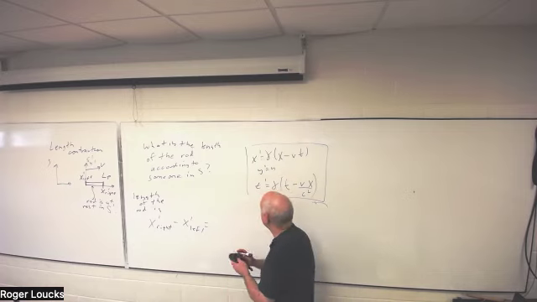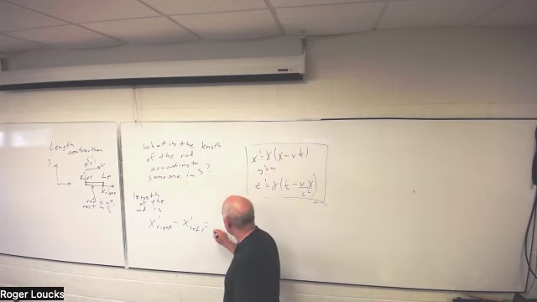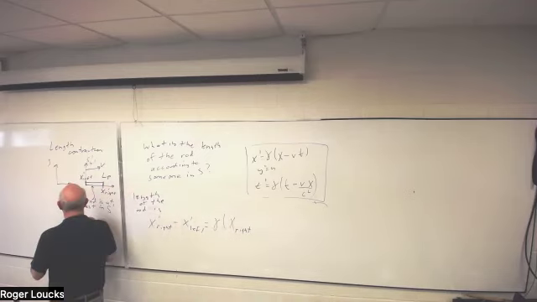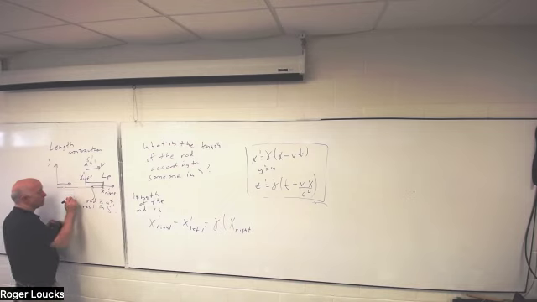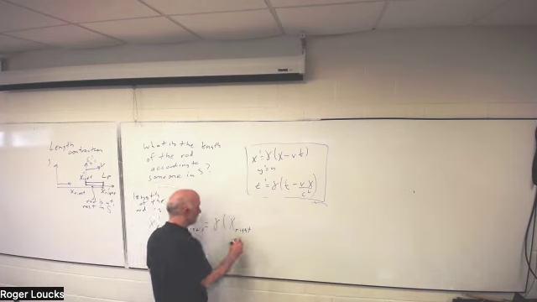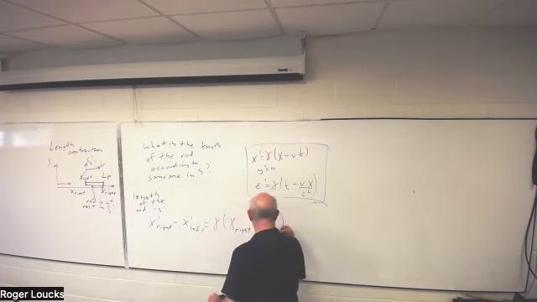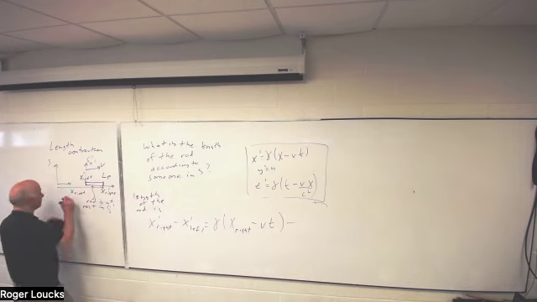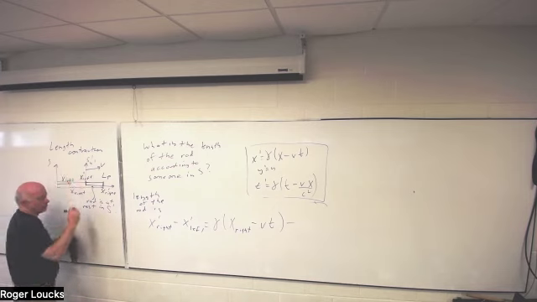What is this going to be? Let's put in this fellow here. So this is going to be my gamma times my x right, this right end according to me, minus vt. Now I have to subtract the left end, because I'm saying the left end is this, x left.